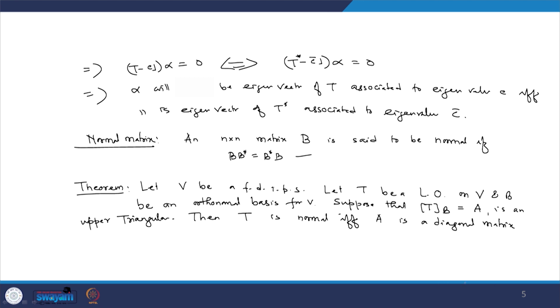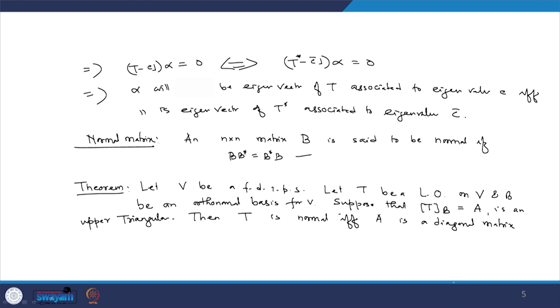The definition of a normal matrix or normal operator will be more interesting if we understand this. Otherwise, simply saying that A or T commutes with its adjoint will not be that impressive. We are not able to see the inside of these operators. But consider this result: suppose there exists an orthonormal basis on a finite dimensional inner product space V such that the matrix representation of the operator is an upper triangular matrix.